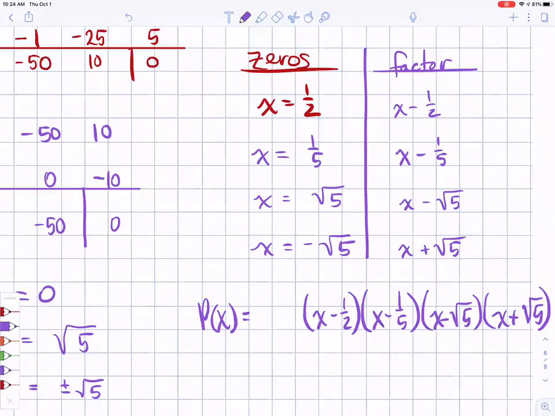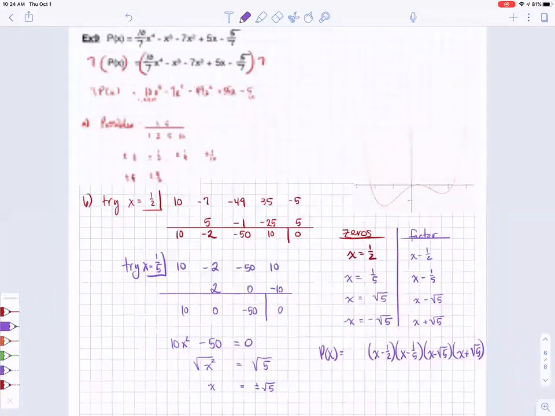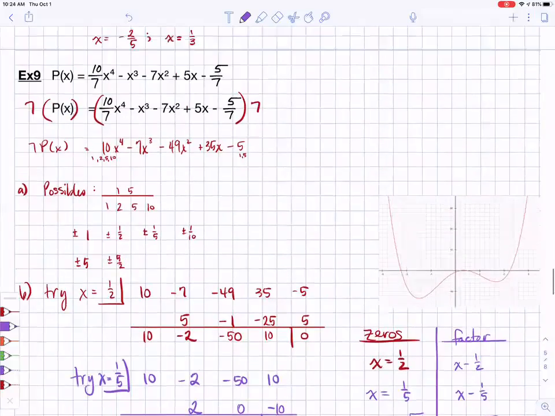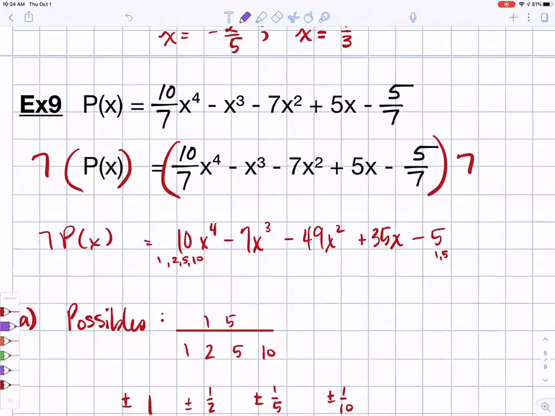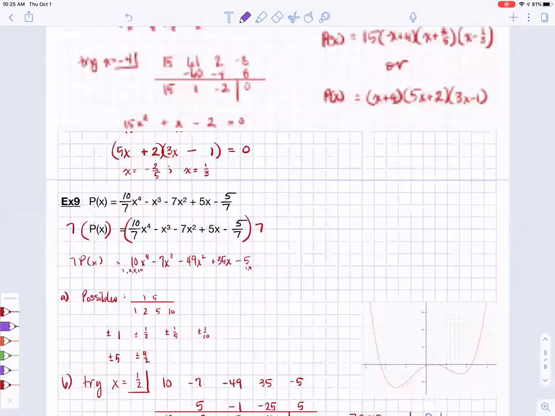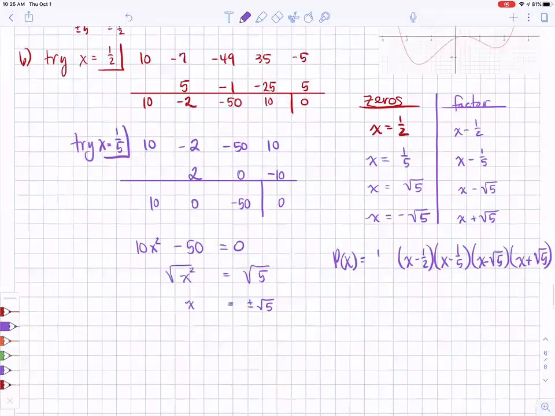Now, what do I keep telling you to check after this? Leading coefficients. Now, this is important. Don't check the leading coefficient of the one that you manipulated. You have to go back to the original. So what's the leading coefficient on the original? 10 over 7. 10 is the one we manipulated, right?